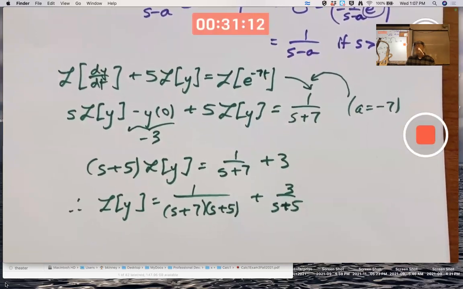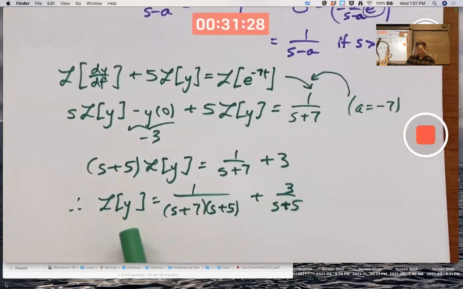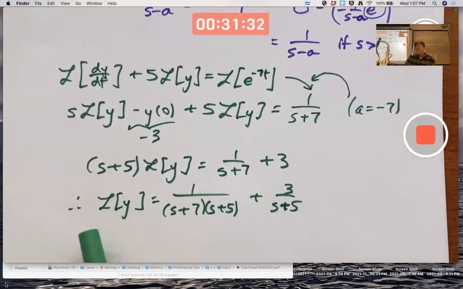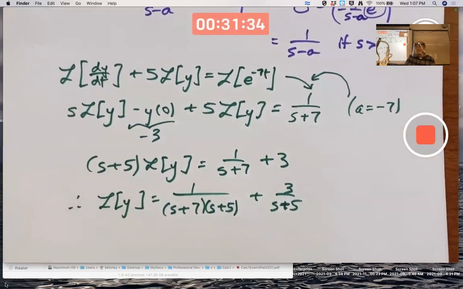The last step here, though it's a long step by hand, is to find y from this. How? By essentially applying what's called the inverse Laplace transform to both sides of this equation. Because if you apply the inverse Laplace transform to that side, you just get y. The L inverse and L cancel.